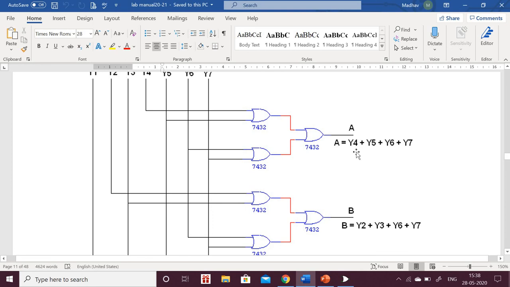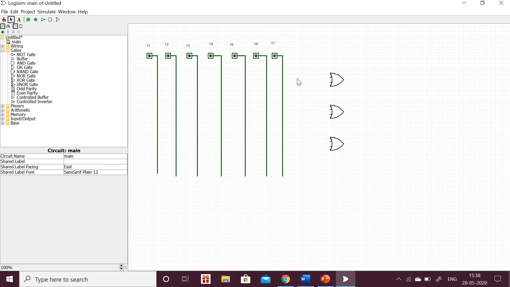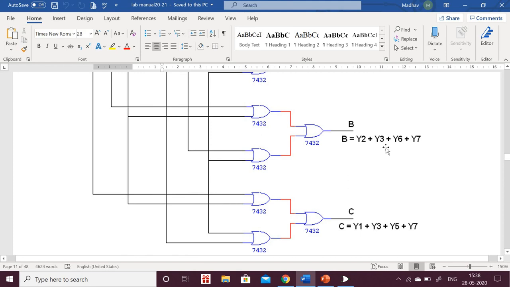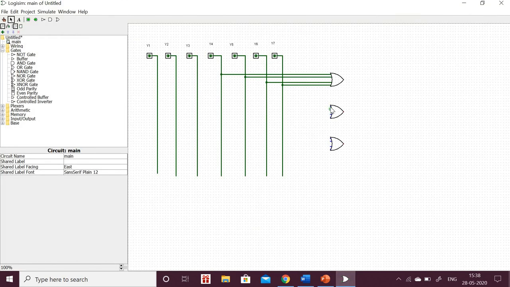Now as per the formula, A is equal to y4, y5, y6, y7. So I will take connections from y4, y5, y6, y7. And next coming to B, it is y2, y3, y6, y7.